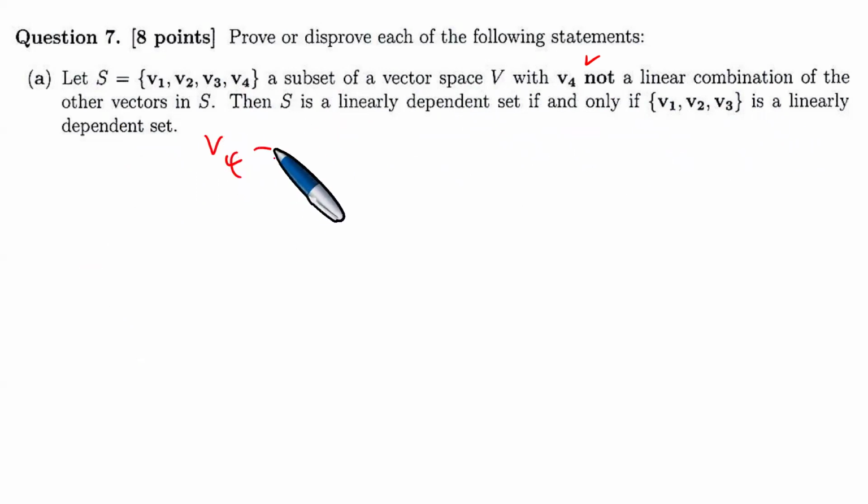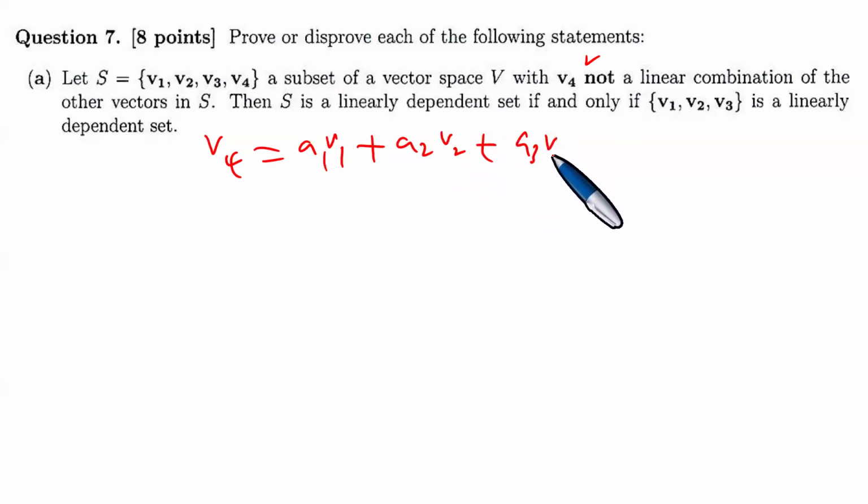I'm not saying this is the proof yet, but if V4 were a linear combination of the other vectors, it would mean V4 could be written as A1V1 + A2V2 + A3V3. But now we're saying V4 is not a linear combination of the other vectors in S. So this is not the case.